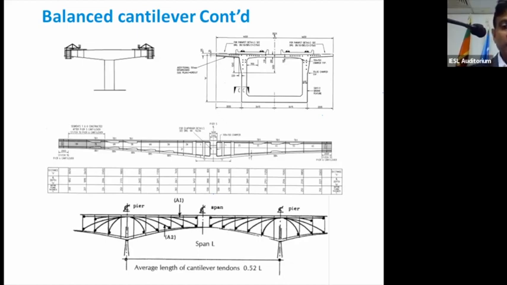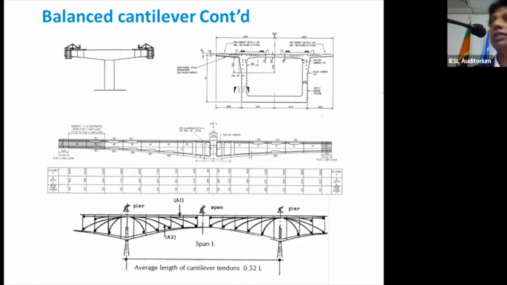But the analysis is complex, mainly because of long-term effects, creep and shrinkage, and temperature and things like that, because it moves. As you move, you get the cantilever and it deflects. So finally, when you do that stitch at the middle, you want to have a perfect balance. That's why the analysis is very rigorous. You have to make sure there is a proper match, otherwise you get a displacement.